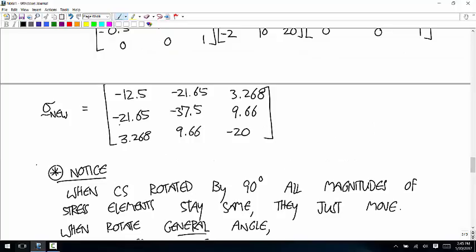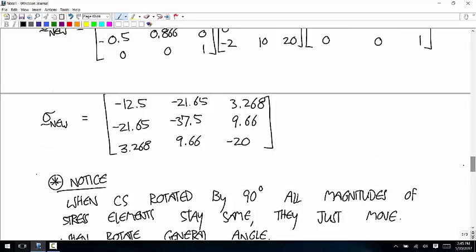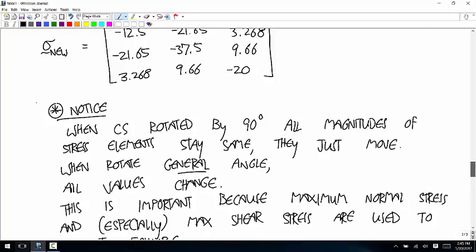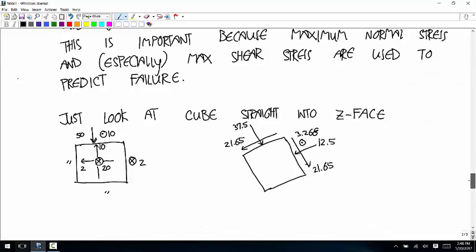On the y face, we have negative 21.65, negative 37.5, and 9.66.